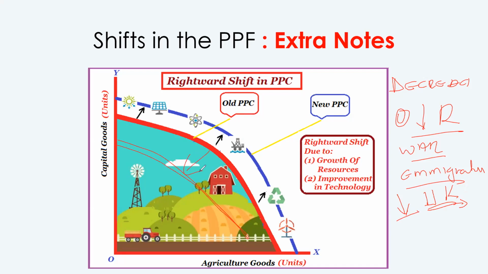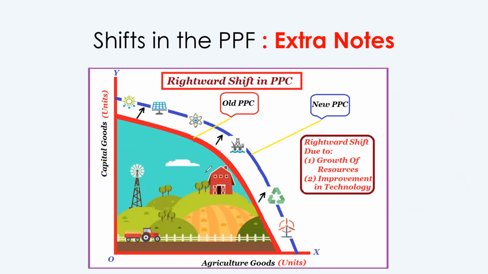So emigration, loss of land, loss of natural resources, maybe because of climate change or something like that, all of those things can lead to a reduction in our PPC. So that's one of the reasons you can highlight in terms of reduction of the PPC. Okay, next point.